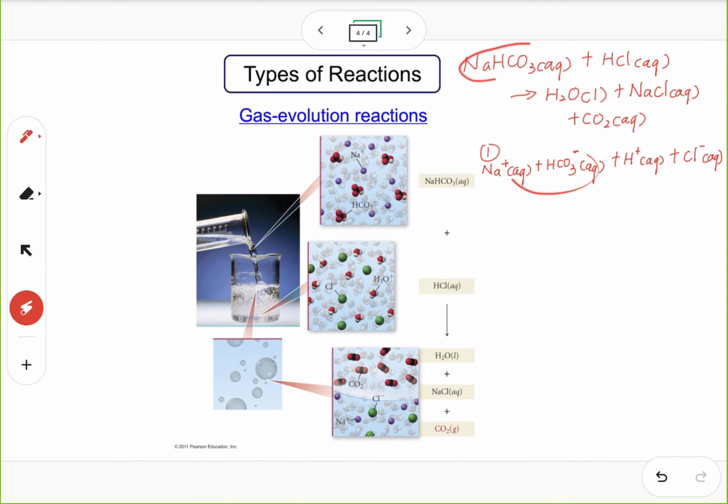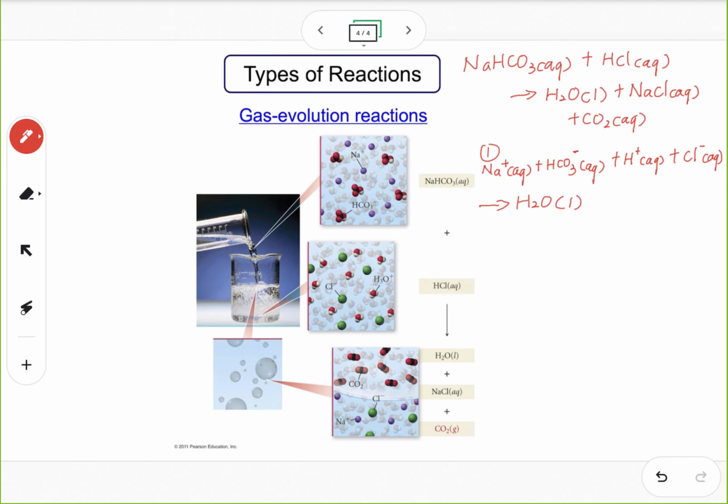These are from sodium bicarbonate. These are from HCl. Now, products. Apparently, water cannot dissociate. It's a covalent compound. It's non-electrolyte. Okay, so we write that as liquid as itself.